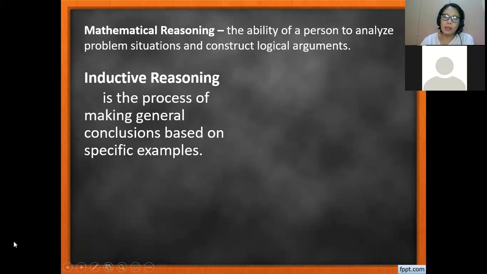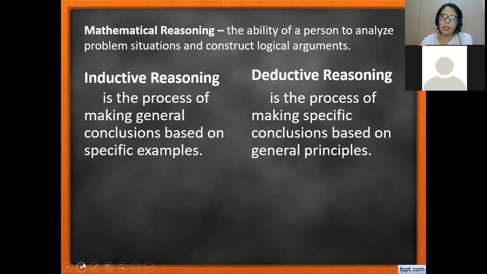On the other hand, deductive reasoning is the process of making specific conclusions based on general principles. So you start your argument with a generalization, and then come up with your specific example. Okay?